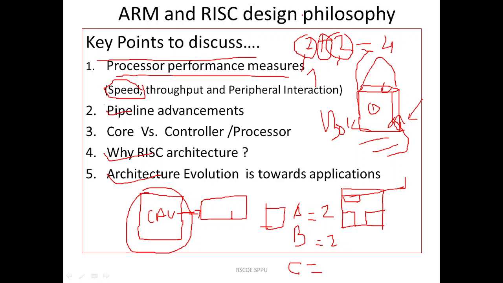By using these different operations, our controller is going to add these two things, and we get the correct result.